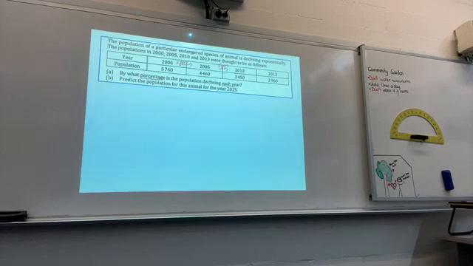Again, I'm going to define, because nothing is defined for you. Let P be the population of the endangered species. Define that. And T equals time in years.